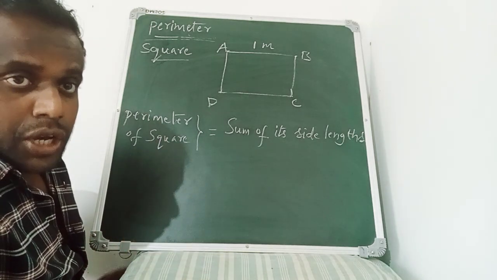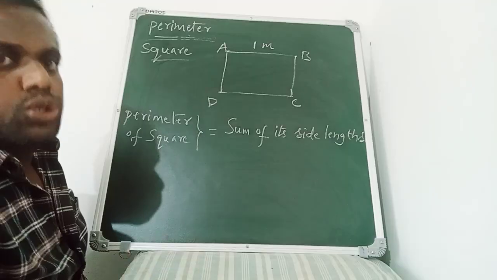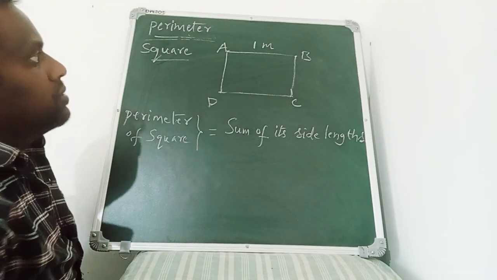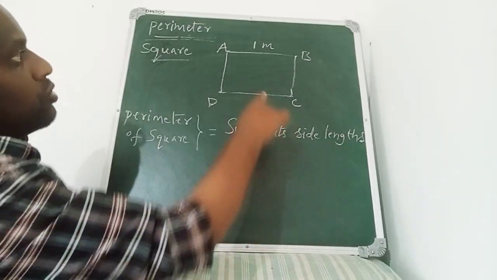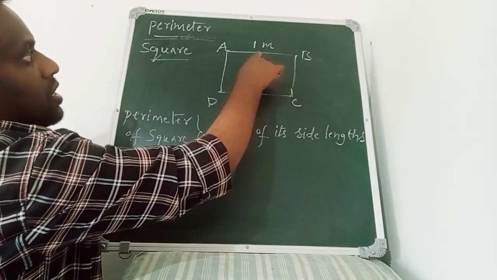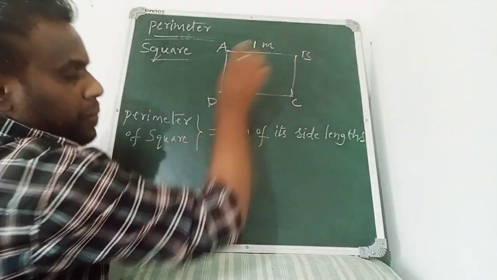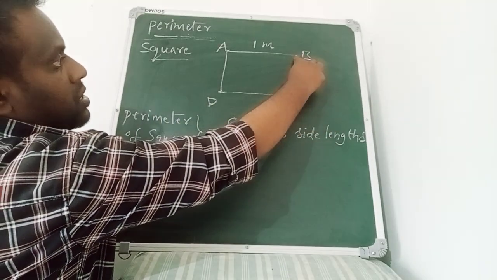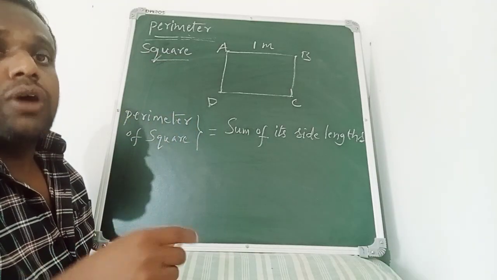All side lengths are equal. This point you should know. Otherwise you cannot find the perimeter. So first you have to find the other side lengths. Here only one side length is given, 1 meter for this AB. We don't know the side length of this BC and this CD and this AD. We have to find out.